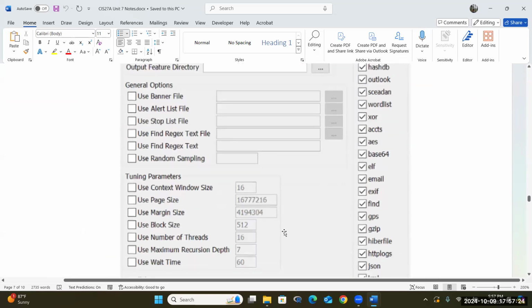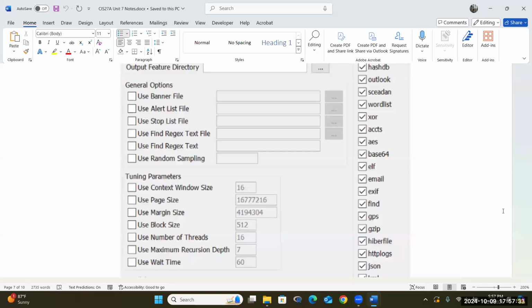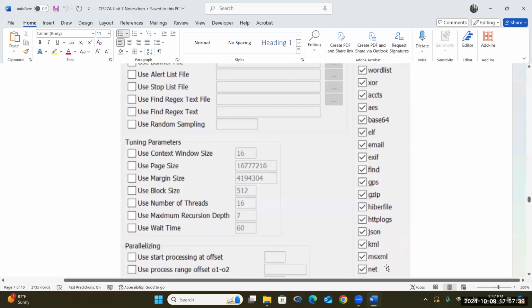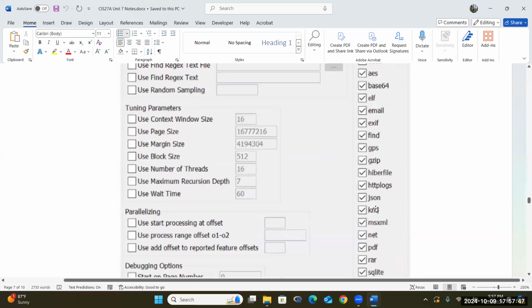I personally like bulk extractor. It's very similar to ProDiscover or the one that you've used, Autopsy, right? You have scanners that are integrated like this. We saw some of that last time with the hibernation file, where you can just select that one.